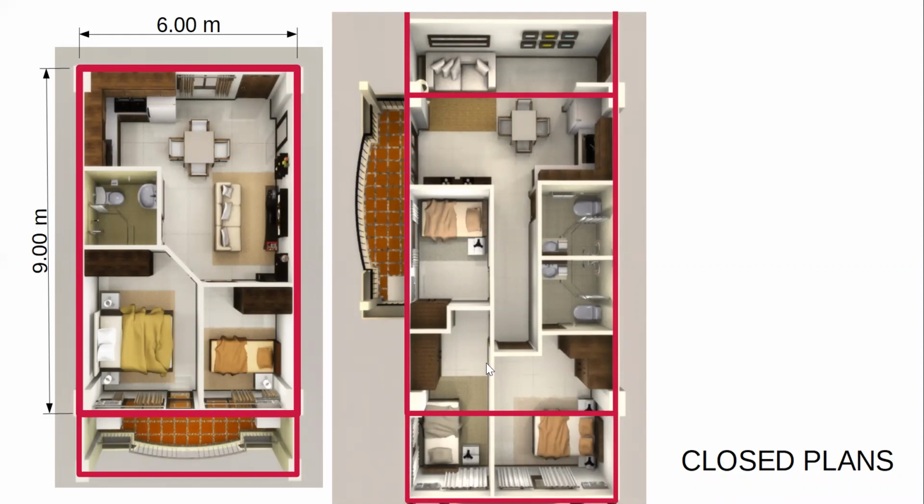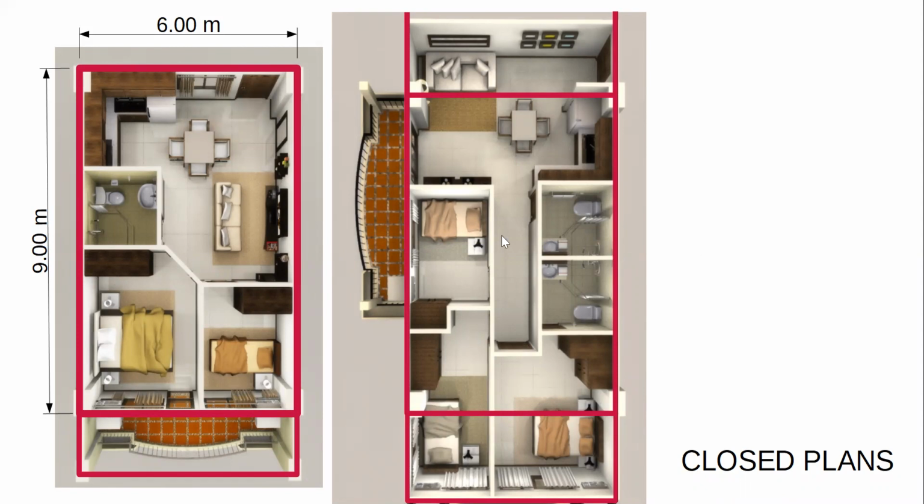arranging spaces. However, when you're designing closed plans, such as this example here, it's a condominium building. Note that the dimensions of the condominium unit, 6 by 9, is repeated in another unit here with a cantilevered portion here.